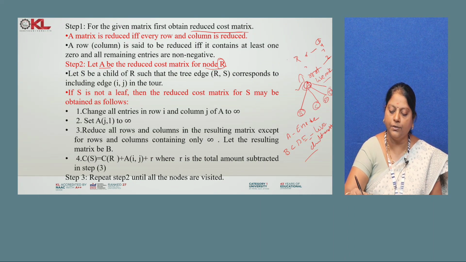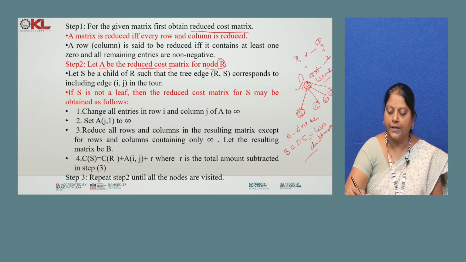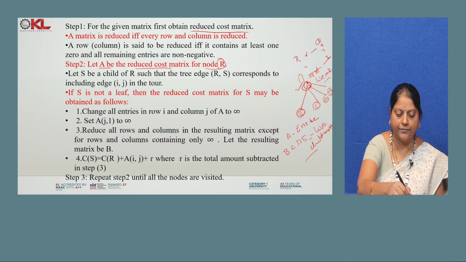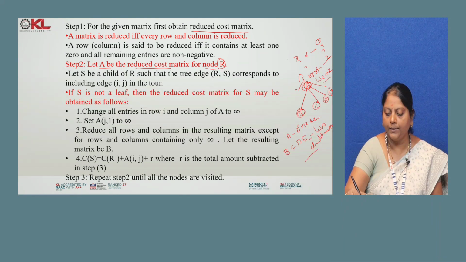For each node we have to find the reduced cost matrix. Initially we find the reduced cost matrix for the node R, where R is the root node. Next we have to find its children, checking whether it provides a solution. The answer is no, so we have to expand this node by finding its cost.